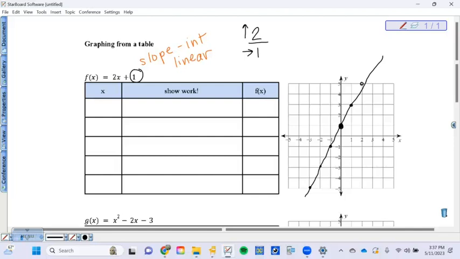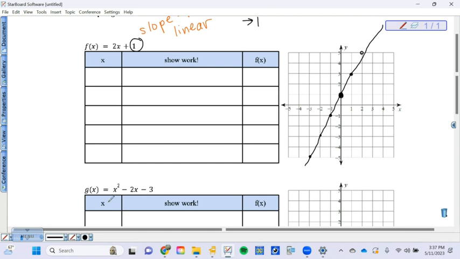Now, I'm going to look at g of x. So we don't need to fill out this table. Don't worry about the table. G of x. What kind of equation is this? It is in standard form, but I also told you not point slope.